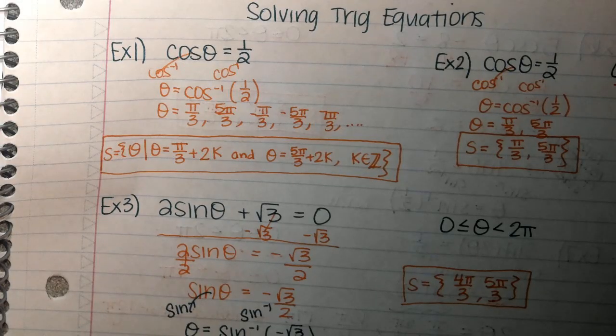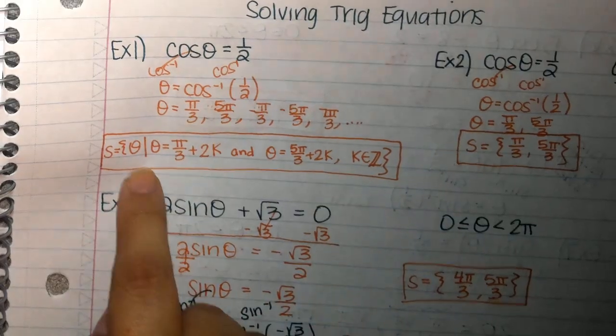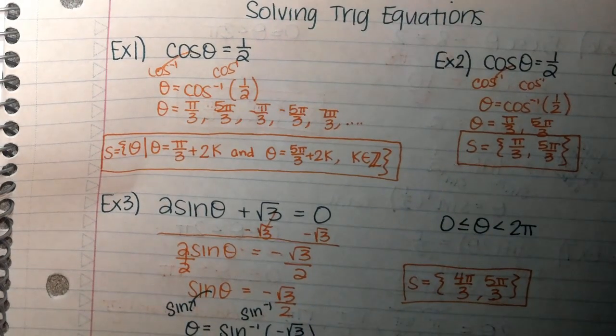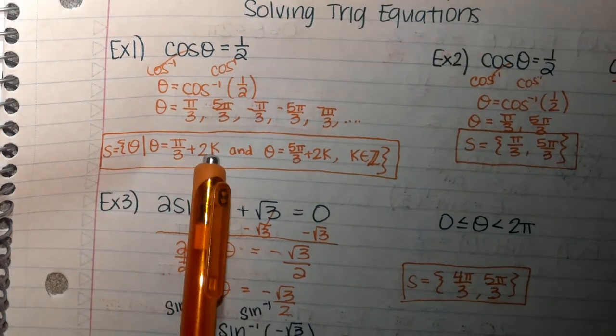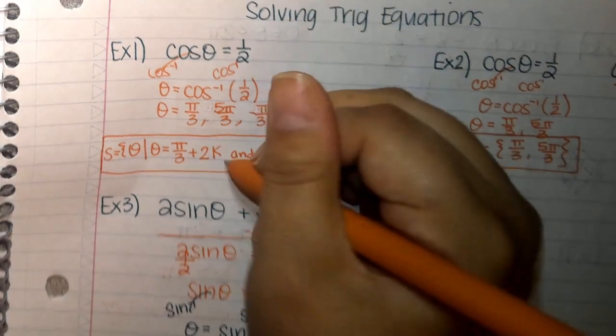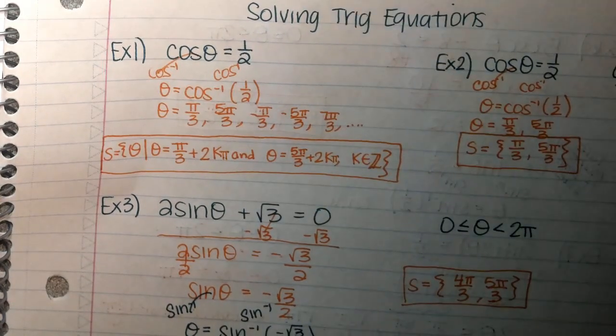And I went and looked, and nope, I didn't. There was something wrong with this right here. We were at pi over 3, and we kept going around the circle. When you go around a circle, you're adding how much? 2 pi. Y'all, we don't have any pi's in this. It was supposed to be 2k pi. I forgot the pi's.